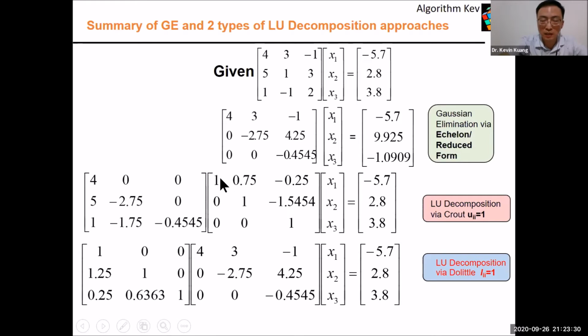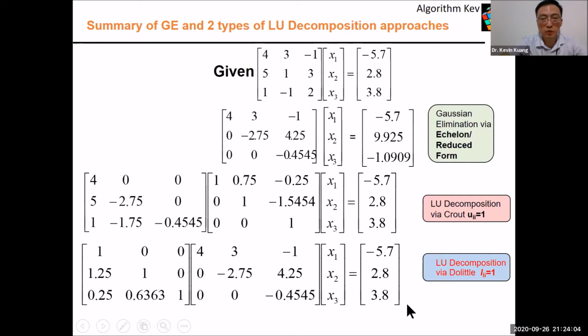In Kraut's method, those are the values we are going to use. While for Doolittle's method, again, there are two matrices, the product of which will give you the matrix A as well. You can clearly see that the LU matrices using Kraut's method are different from the LU matrices that you obtain via Doolittle's method.